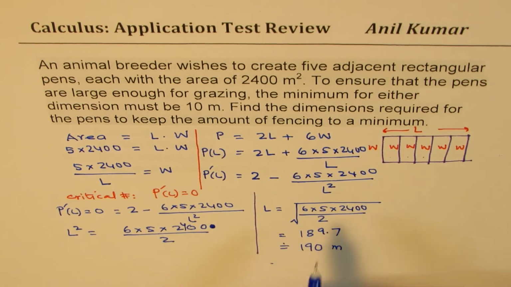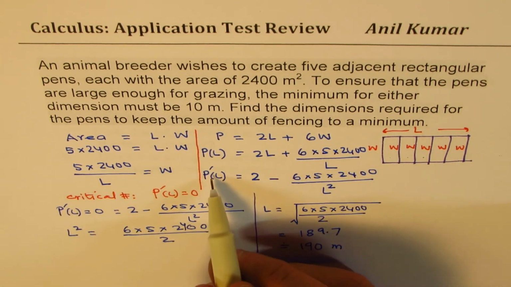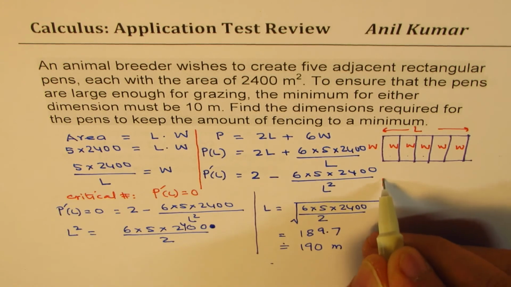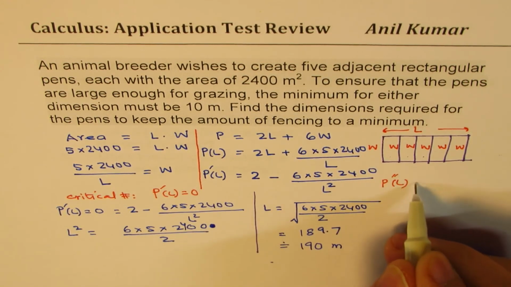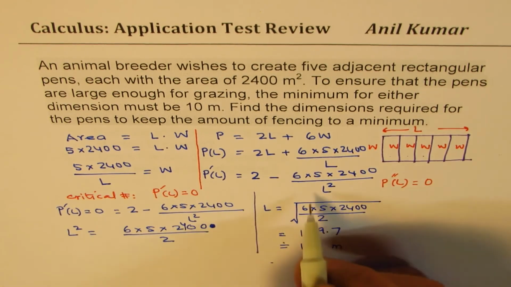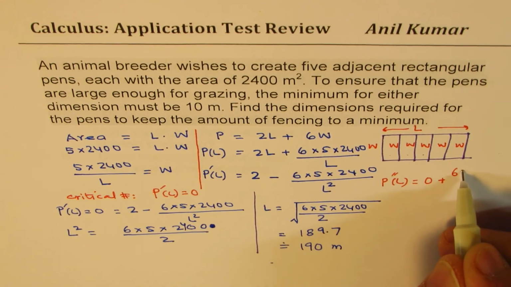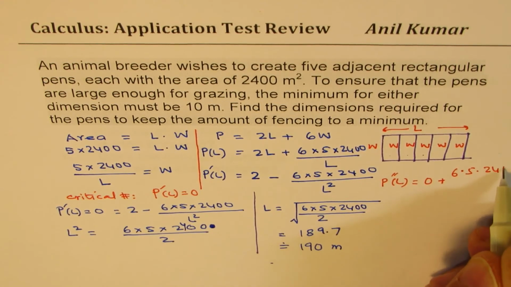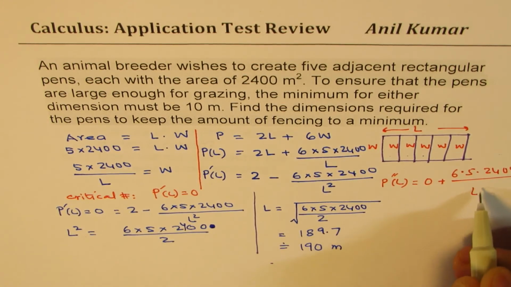Now, as I said, you have to prove that this is maximum or minimum. Critical number means it could be a turning point either way. So let's find the derivative of this function, which is very important. Second derivative of this will be what? We are already given the first derivative. Second derivative will be, that is 0, and here it becomes now positive, all this number, which is 6 times 5 times 2400 times 2 over L cube.